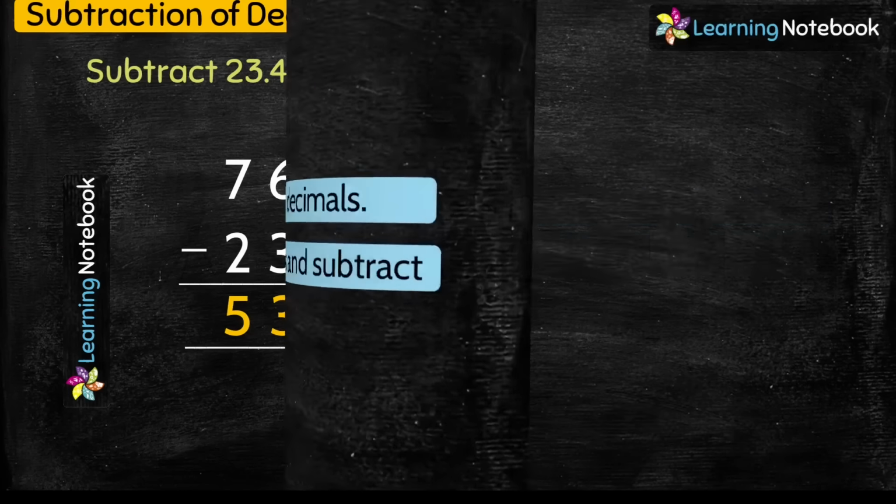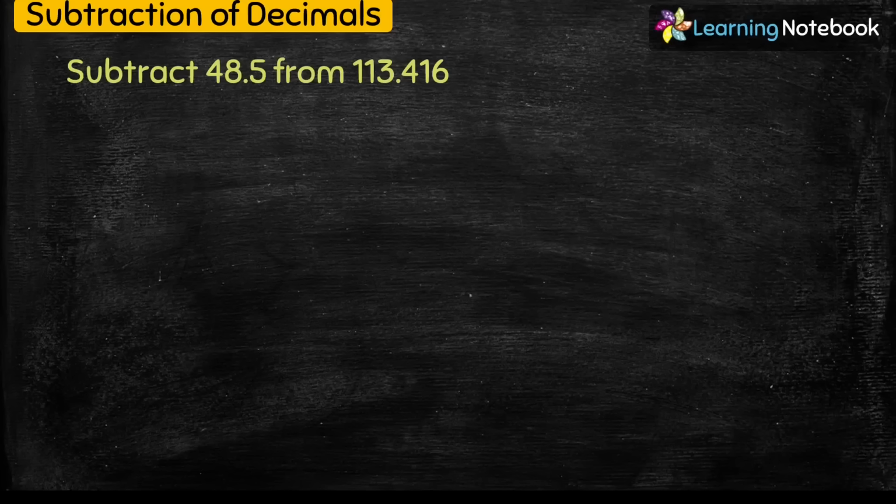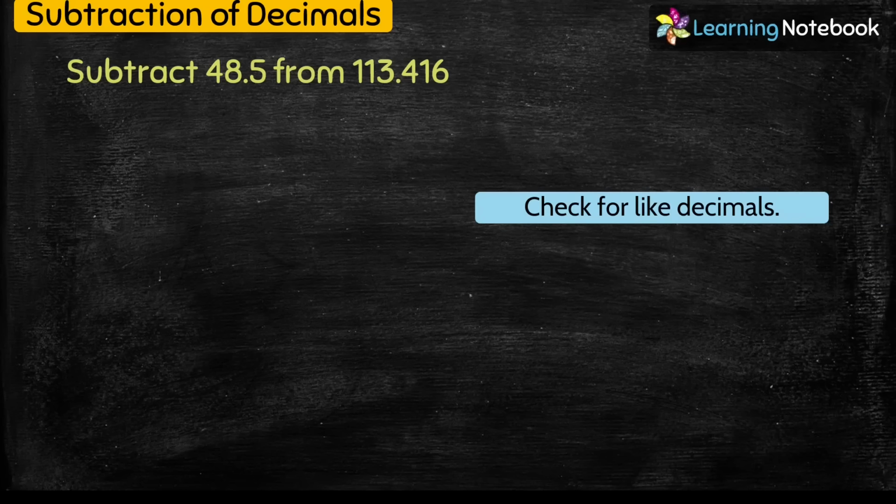Let's do another question. Subtract 48.5 from 113.416. So first, let's convert them into like decimals having 3 decimal places.